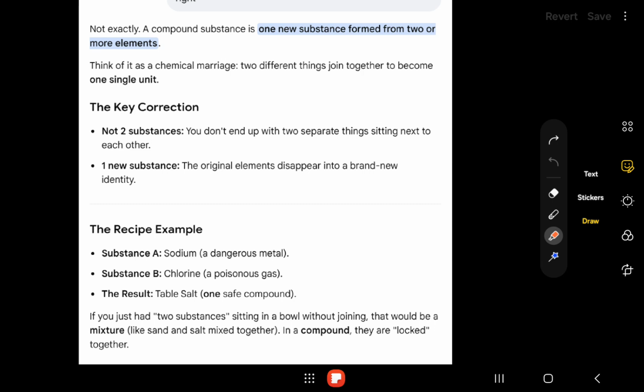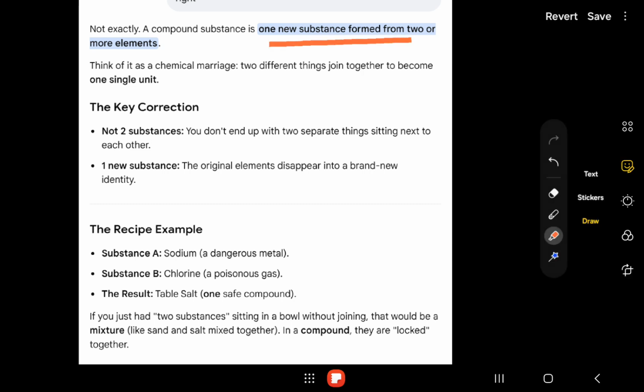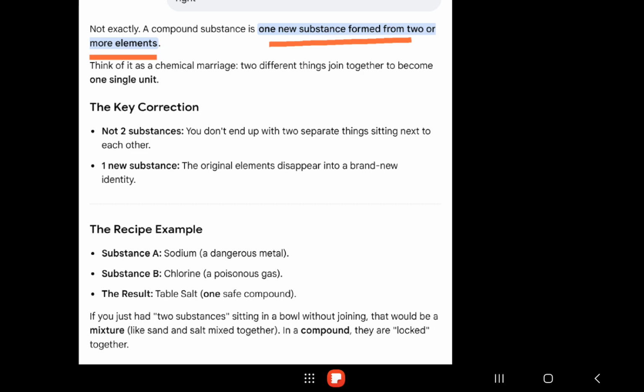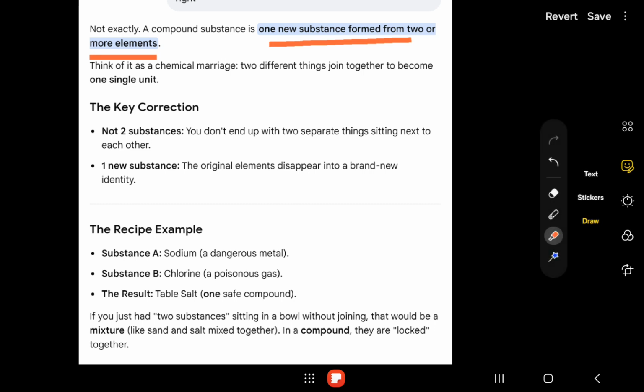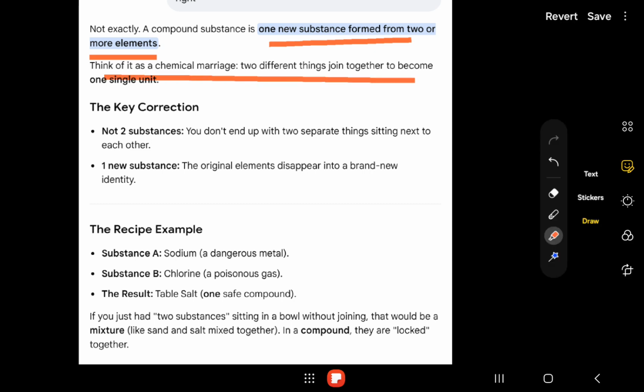Explanation of compound substance. Sorry, friends. Compound substance: new substance formed from two or more elements. This is the example Google gave me to understand in a simple way.